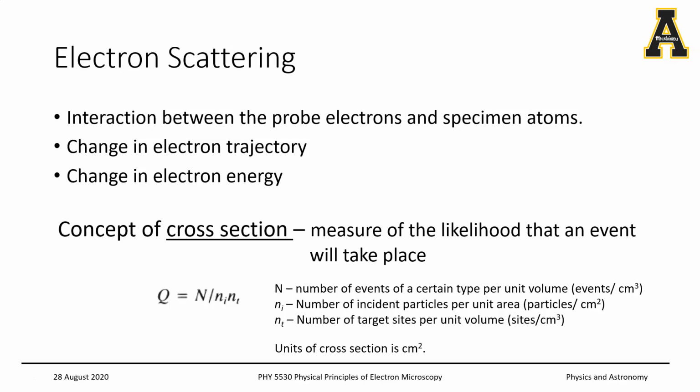Ni is the number of incident particles per unit area. In our case, it's going to be the number of electrons that are coming over a given area. And Nt is the number of target sites per unit volume. So that's going to be the number of atoms per unit volume in the specimen. Okay, so if you look at the units, the unit for cross section is going to be in centimeters square.